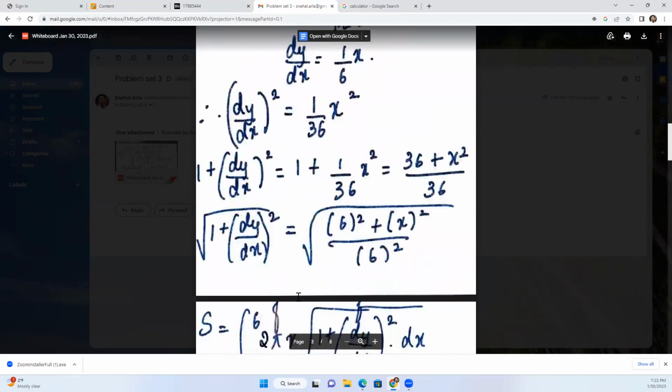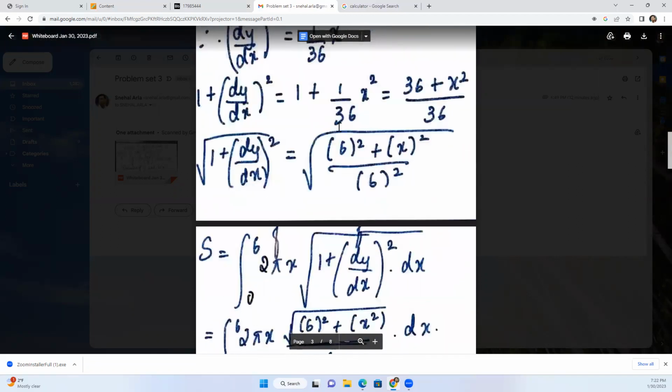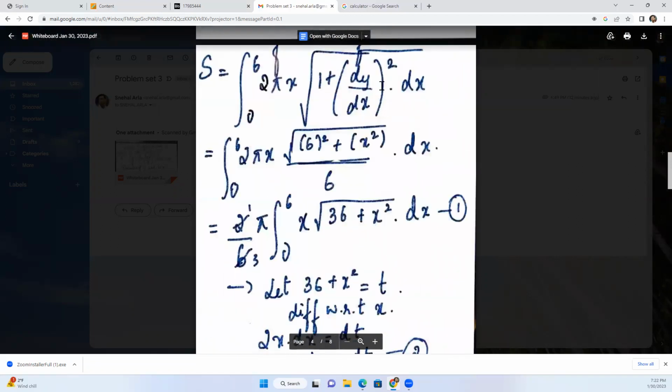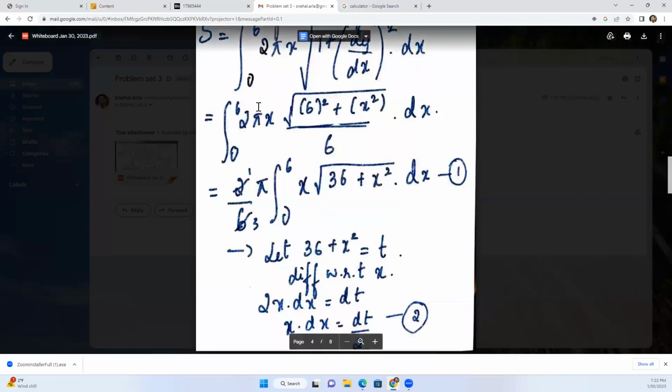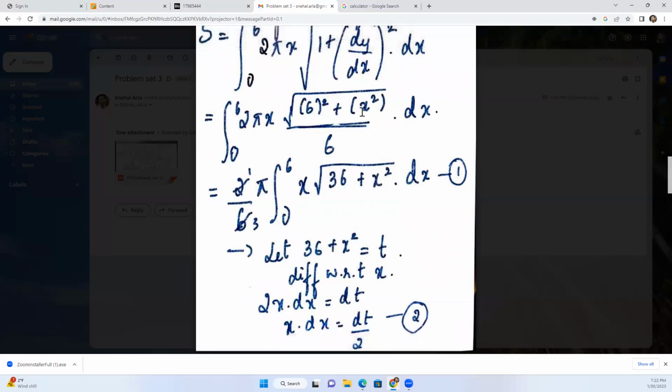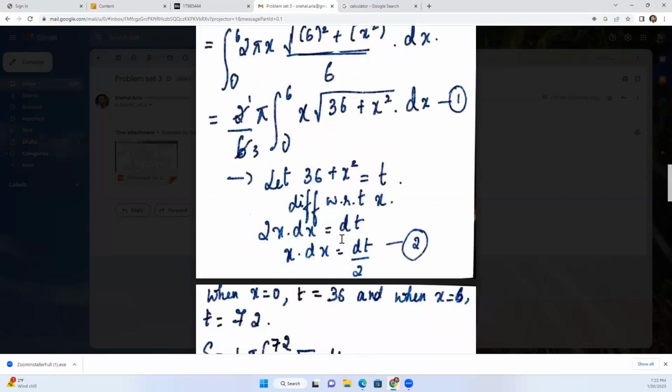The 2 cancels with the 6, giving us 1/3, so we get 1/3 pi times the integral of x times the square root of 36 plus x squared dx. That's our first equation.